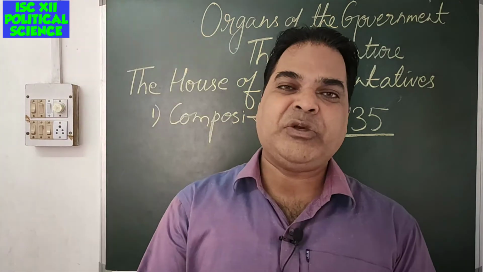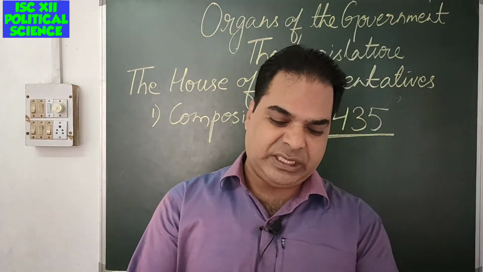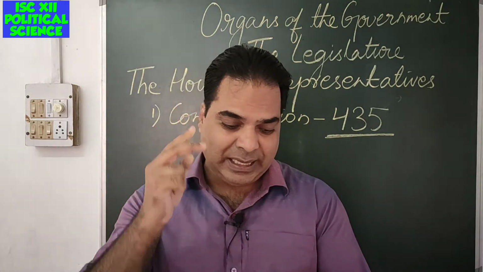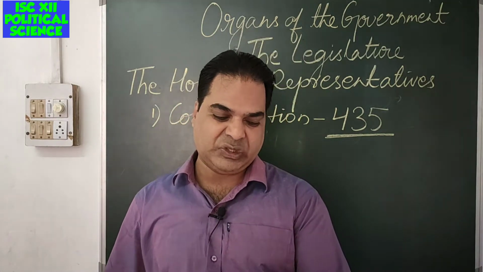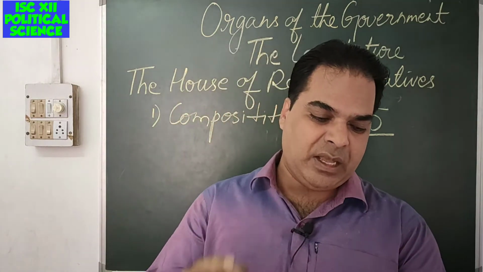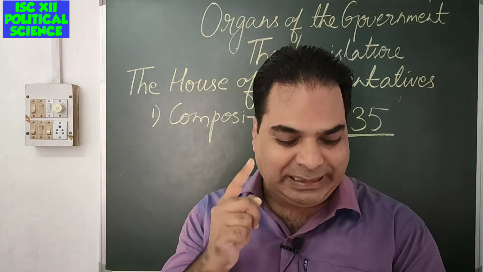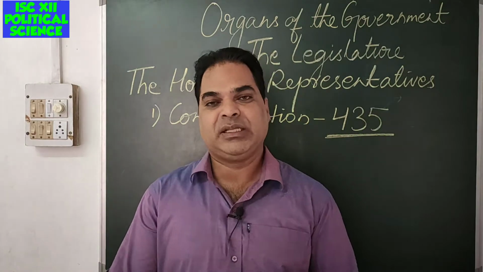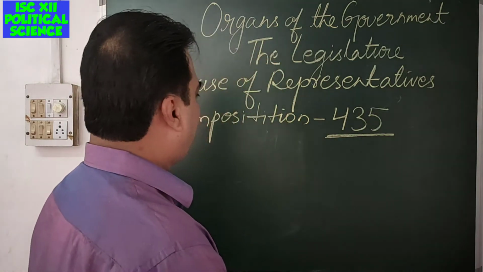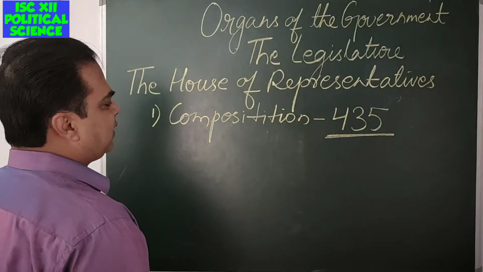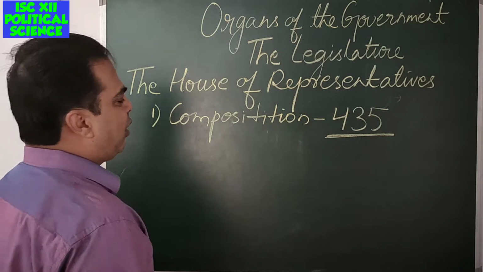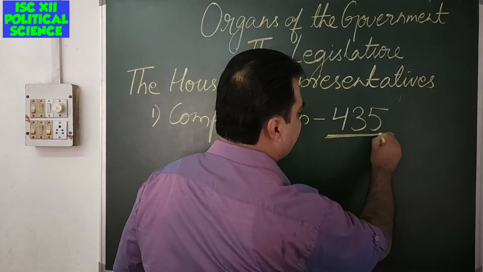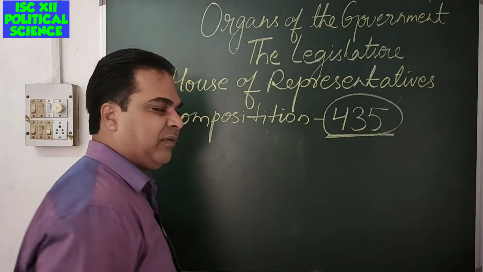The Constitution lays down that no representative shall represent less than 30,000 citizens, but the people of a state must be represented by at least one representative, even if its population is less than 30,000. So this is all about the composition. You must remember that the strength of the House of Representatives is 435.